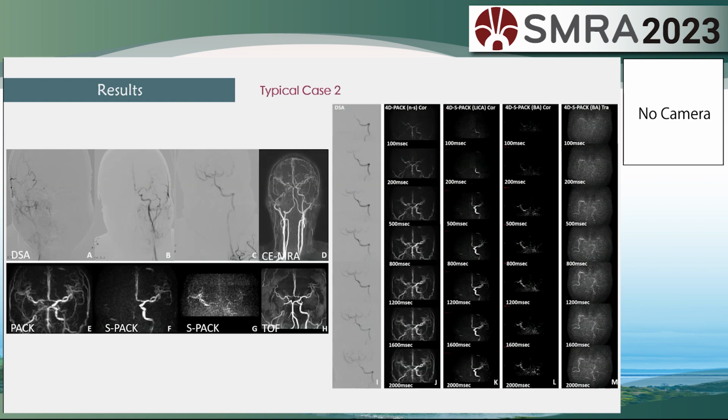There is another typical case of right ICA occlusion. It is difficult for us to assess its collateral circulation by TOF-MRA and CMRA, maybe via ACOA, PCOA, or both of them, versus from 4D SPEC.